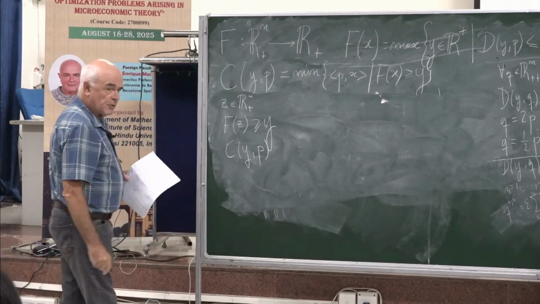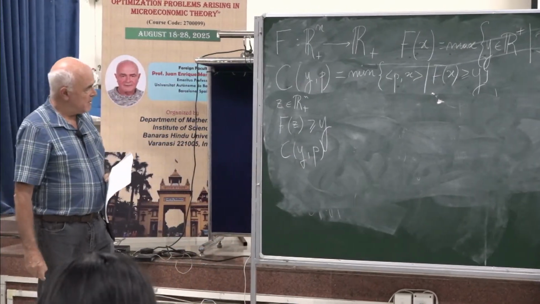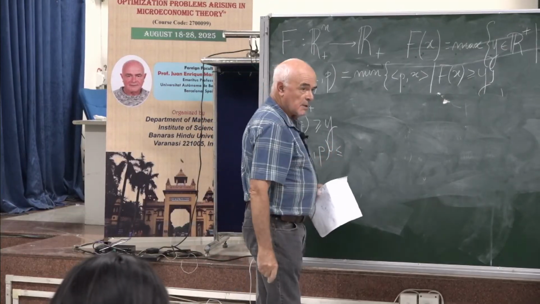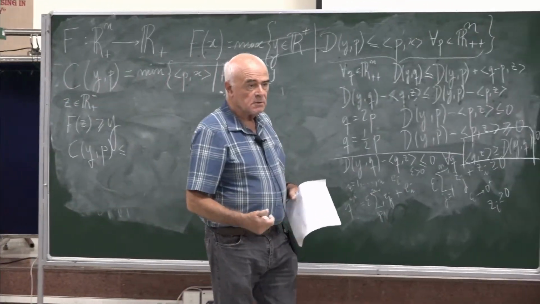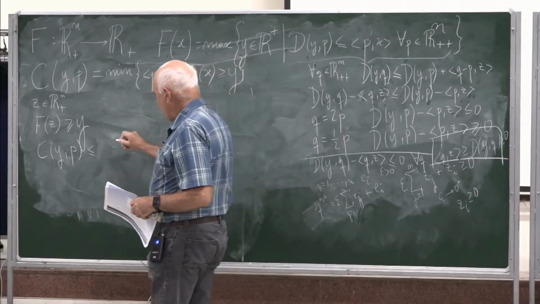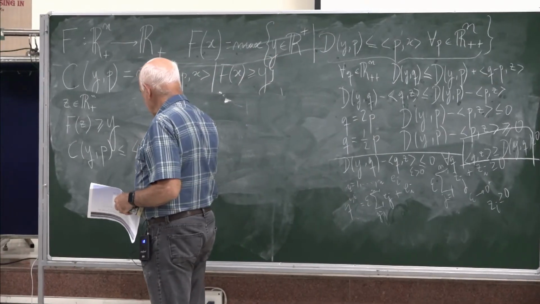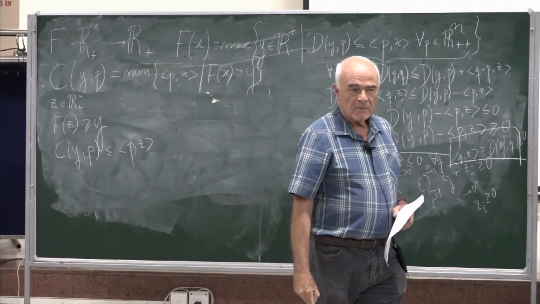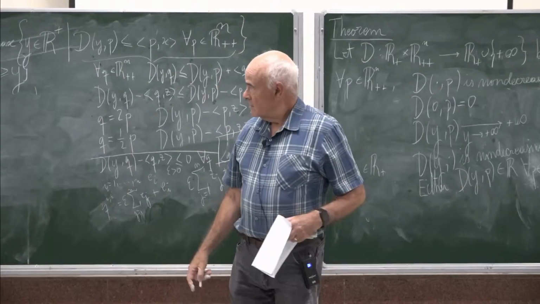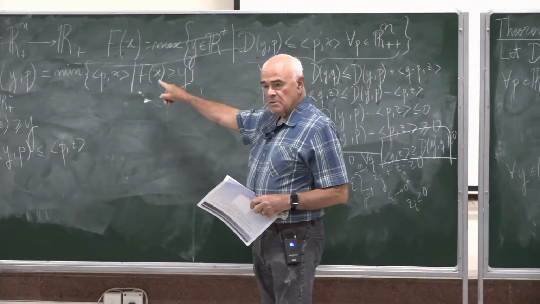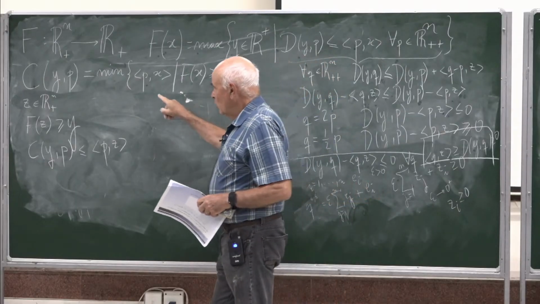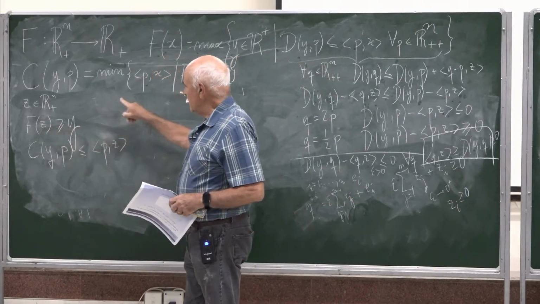the cost of producing y under the price p is less than or equal to p·z, in view of the definition of the cost function. I can produce y with z. This is what I am saying here.